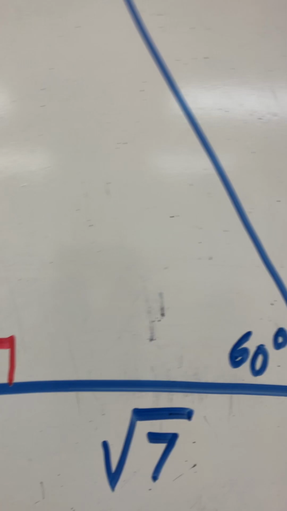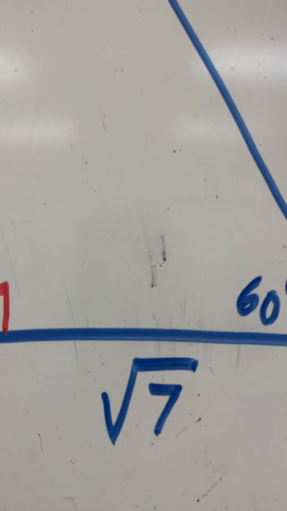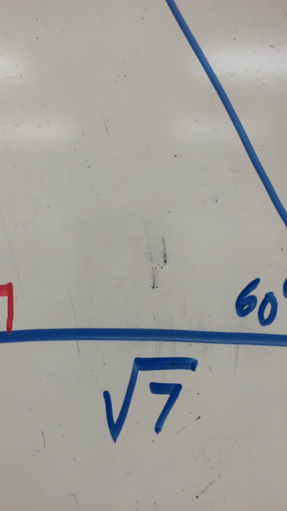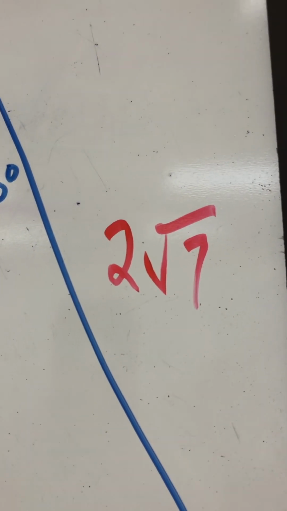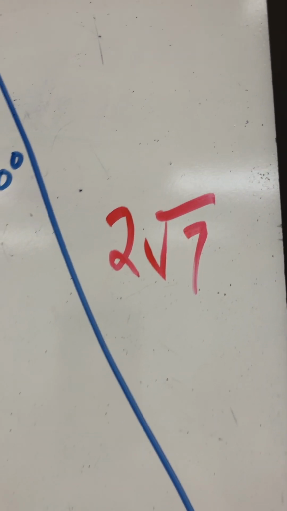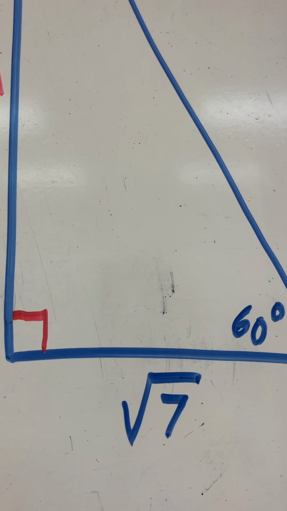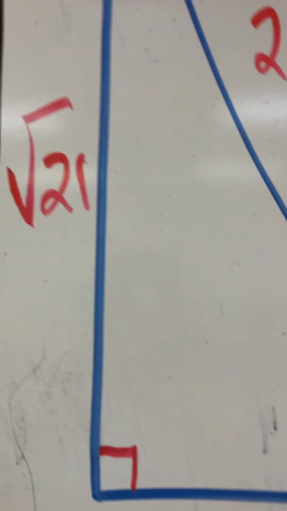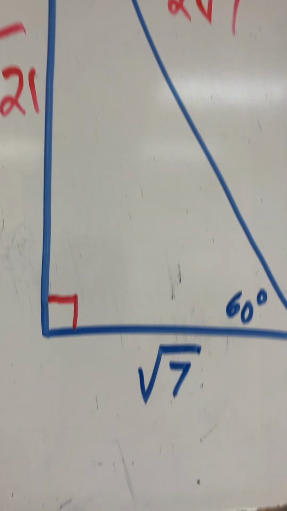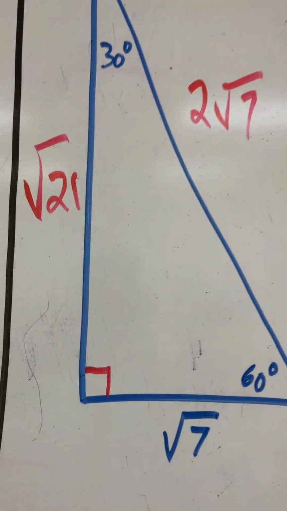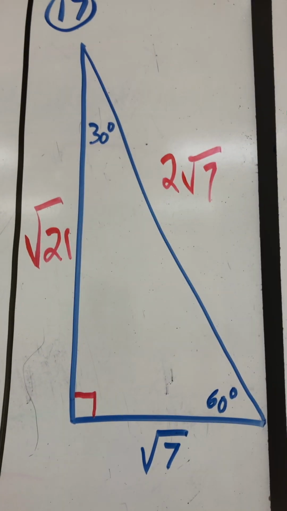What if the short leg is square root of 7? To double it, it's 2 square root of 7. Now what's 7 times 3? 21, right? So square root of 7 times square root of 3 is square root of 21, right?